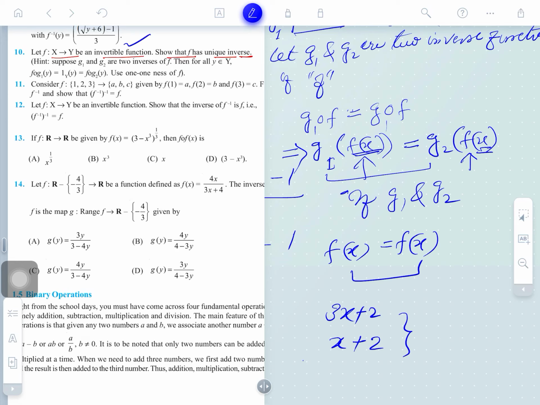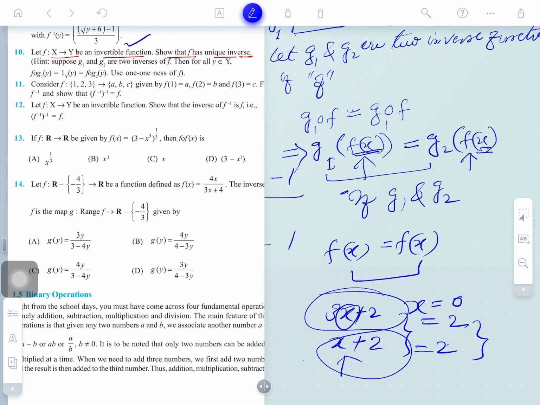Or also I can take some value. In place of x, if I take 0, it shall give you 2, and it shall give you 2 also. Means for 0, the two functions are giving the same value, but the functions are not equal here.